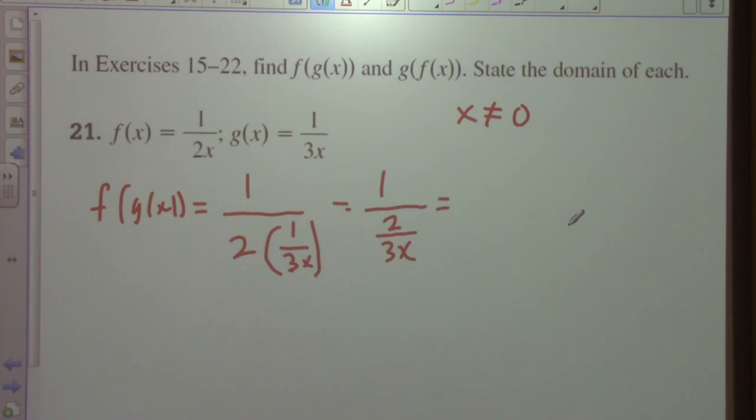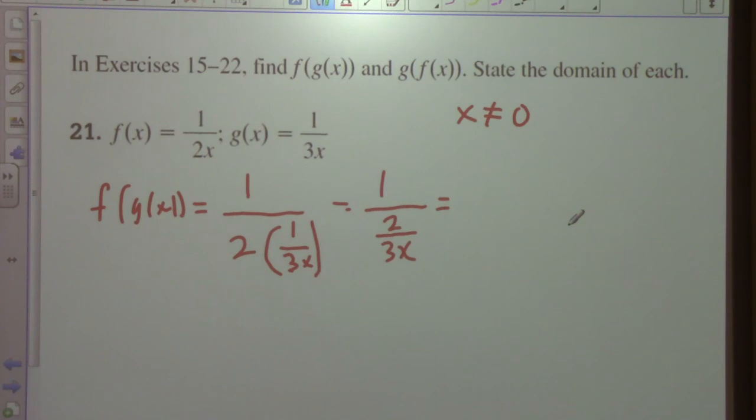Let me give you a principle. Okay, this is back to 7th grade math or whenever you learn this. Dividing by a fraction is the same as multiplying by the reciprocal. So what I want you to do is multiply that 1 by the reciprocal of 2 over 3x.